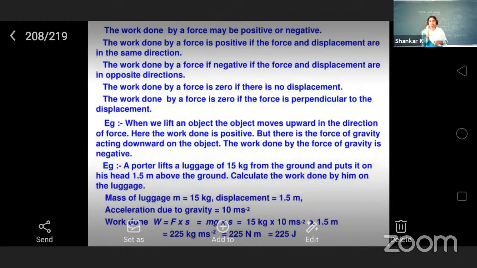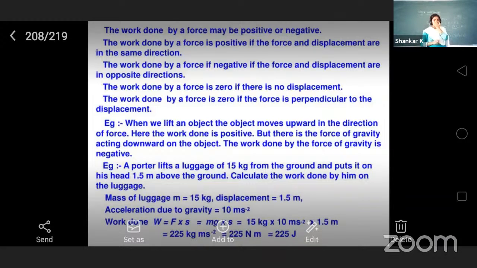Which force is applied? The downward gravitational force is applied on the object, and it falls on the ground. So the work done by the force of gravity, acting downward on the object, is negative.